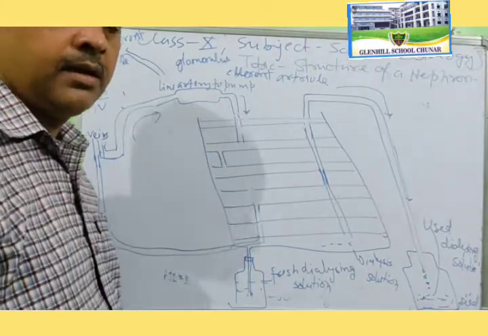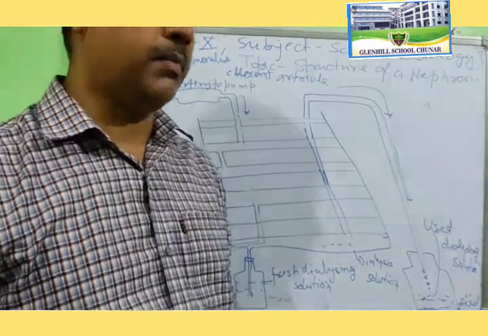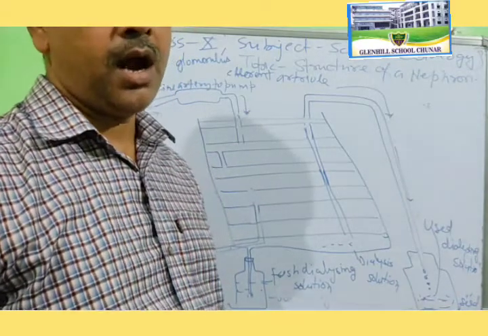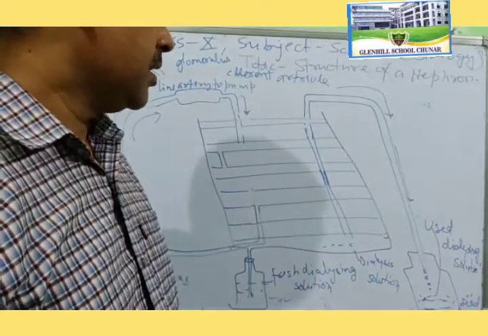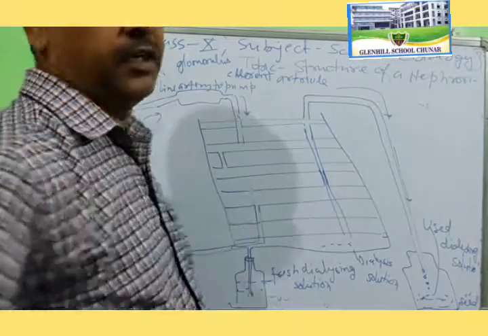That vein provides this blood to the heart, and the heart provides it to the lung for purification. Okay, so this is the artificial kidney.